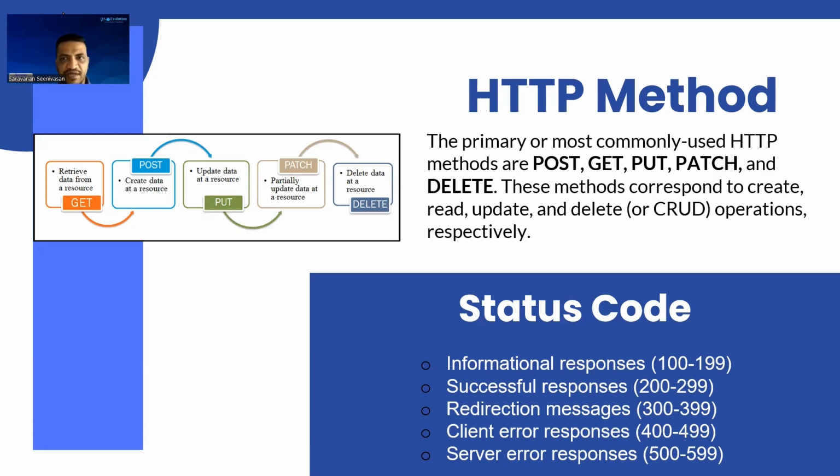GET is meant for retrieving, PUT is to update the resource, PATCH is to partially update or modify, and DELETE is to delete the resource. So predominantly we are going to deal with only these five requests. We have a few others as well, like OPTIONS, TRACE, and HEAD, but predominantly we will be dealing with POST and GET.